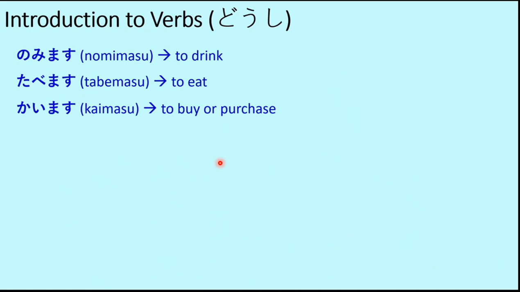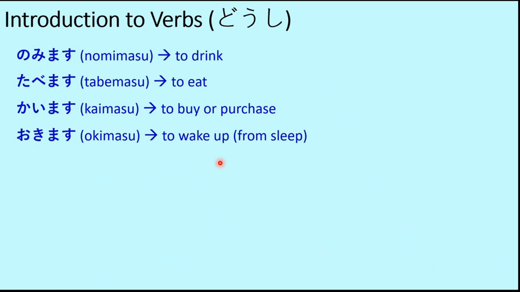Kaimasu, this is from kau, the root verb. It becomes kaimasu, which means to buy or purchase. Then we have okimasu. So this comes from the root verb okiru. Okimasu means to wake up from sleep. Nemasu is to sleep.